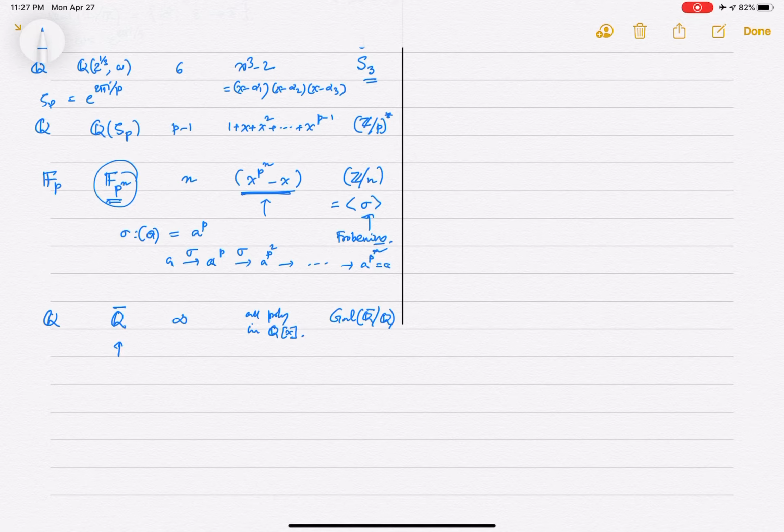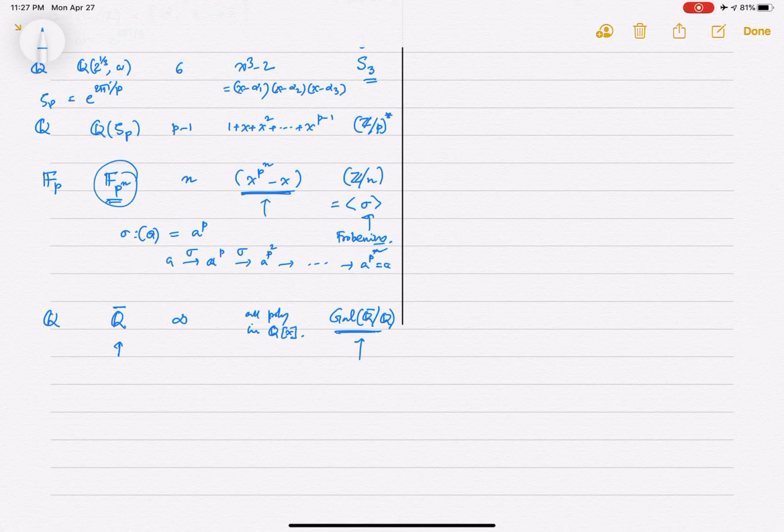This is called the absolute Galois group of Q, and it's an incredibly complicated and rich object. It's arguably, I think not arguably, it is the most important group in number theory, and arguably the most important group in all of mathematics. Understanding this is sort of the holy grail of number theory, you might say.